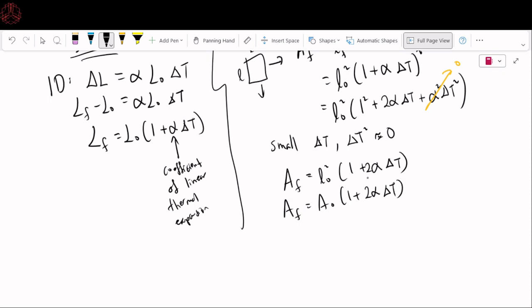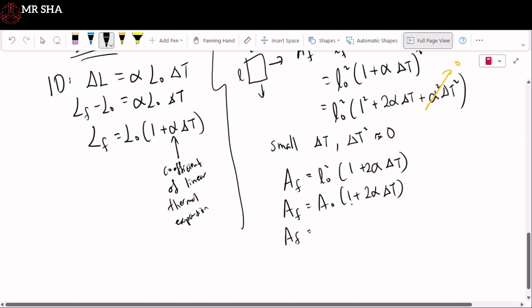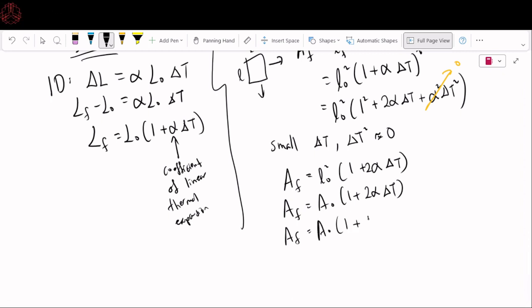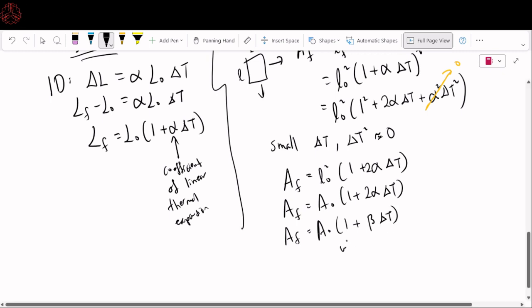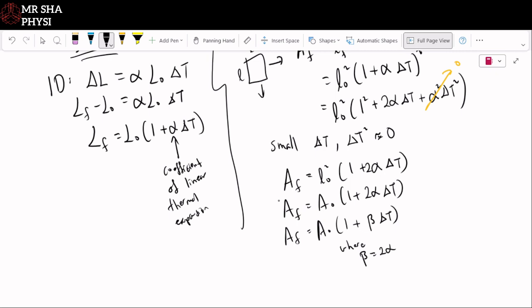And this is what I have as a final equation. But of course, I can make things a bit easier for me by having just one coefficient. This is a constant by the end of it. So I can have 1 plus beta delta T, where beta is equal to 2 alpha. So what is this alpha? This alpha depends on materials, depends on many factors, but generally it is different for every material.